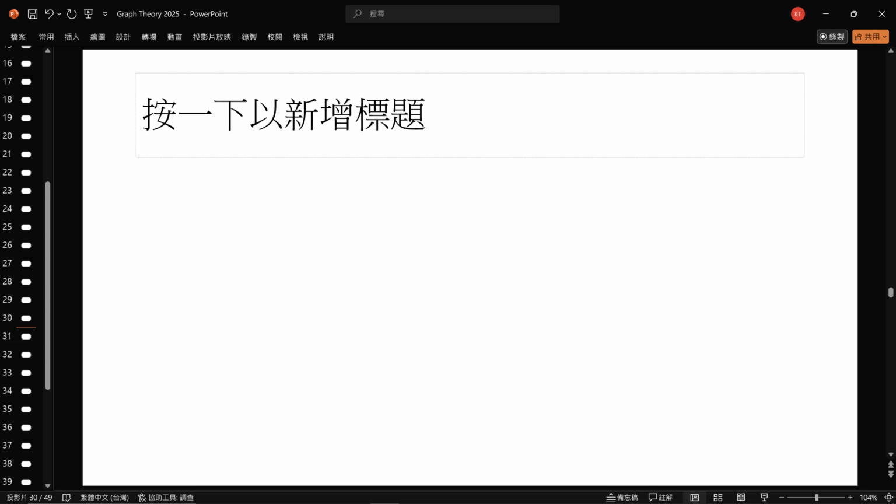So let G be a graph of, let's say, k components, and k is greater than 1. So this implies that G is a disconnected graph.